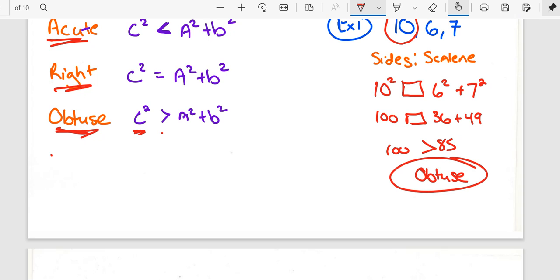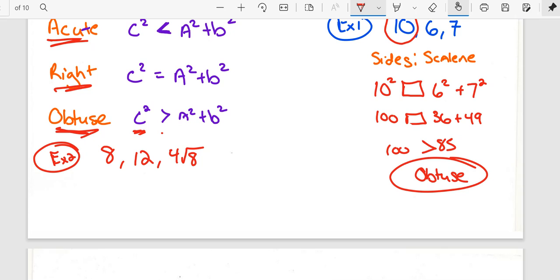All right, let me give you another example, example 2. For example 2, let's take these side lengths. Let's take 8, 12, and go with 4 root 8. 8, 12, and 4 root 8.